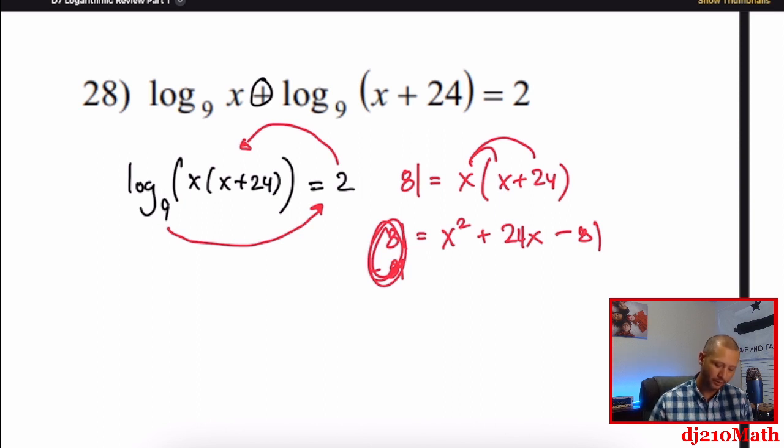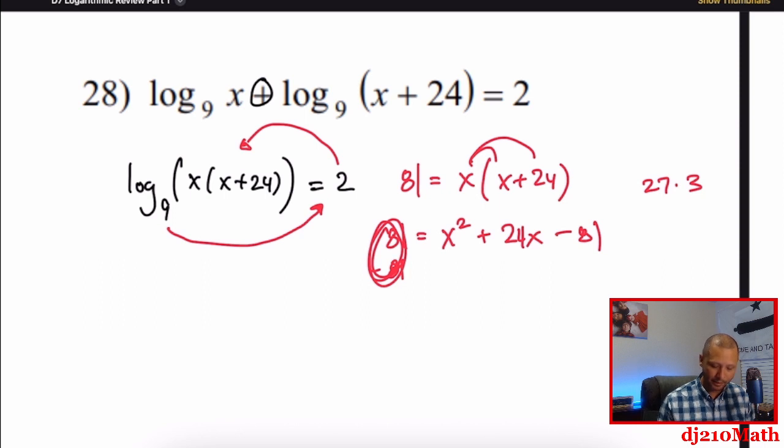Multiples of 81 that add up to 24. 27 and 3. Right, 27 times 3. But we had to add them up, so it's negative, right?